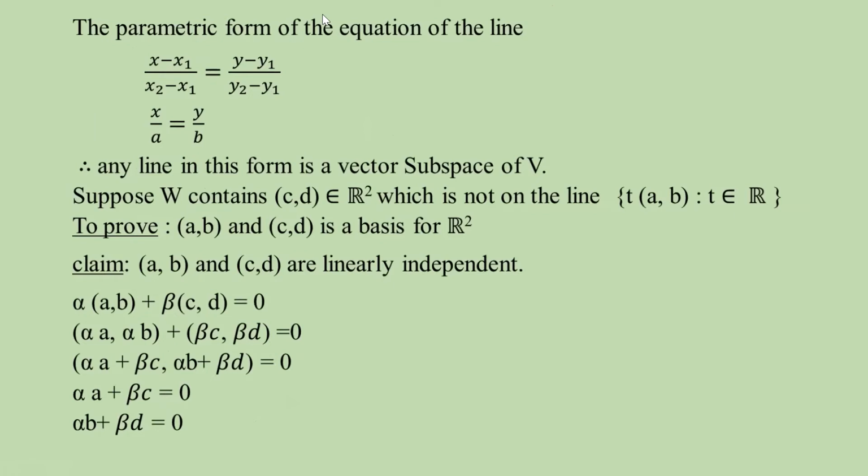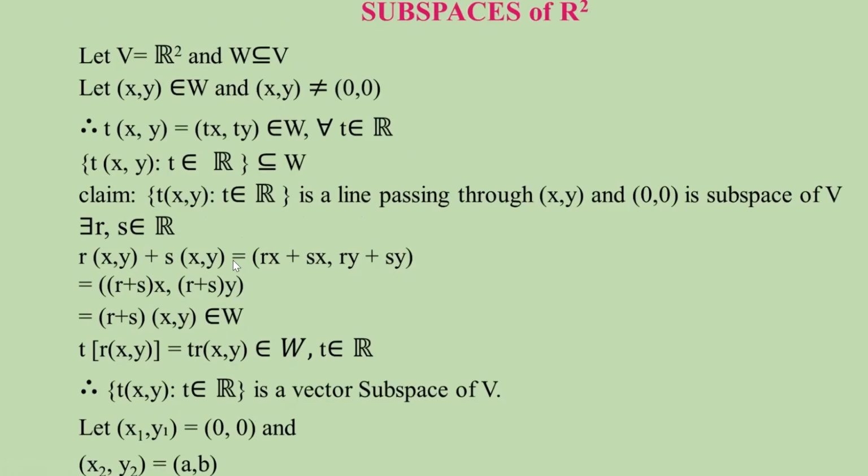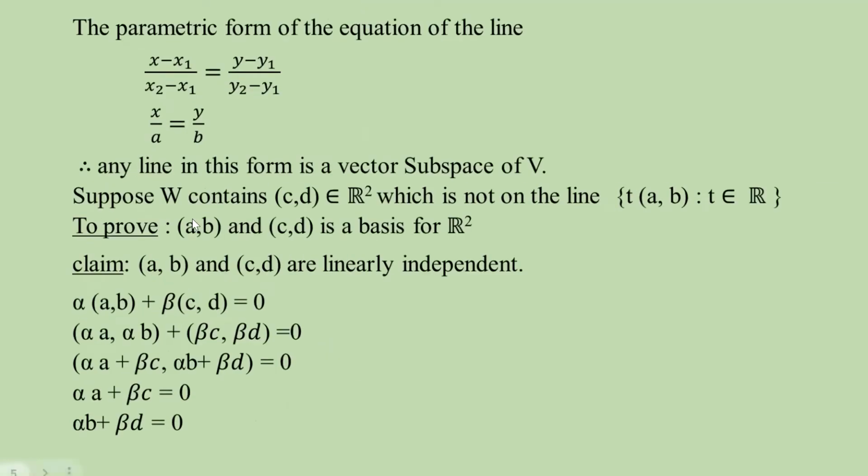Then substituting the points (0, 0) and (a, b) here, we get x by a equal to y by b. So we can say any line in this form is a vector subspace of V. So any line which is passing through the origin is a subspace of R2.